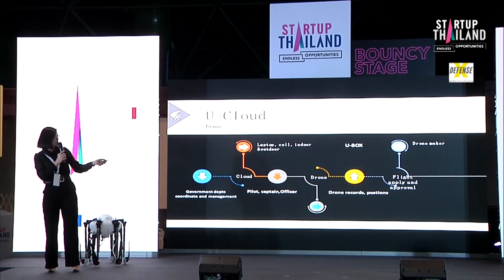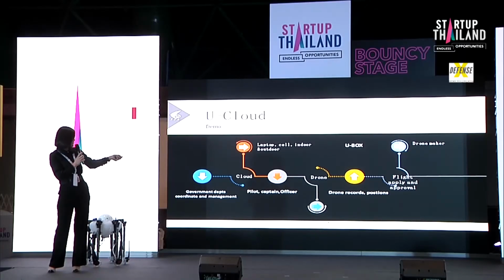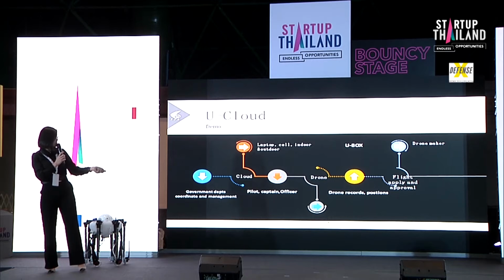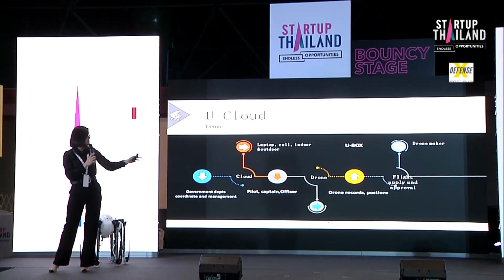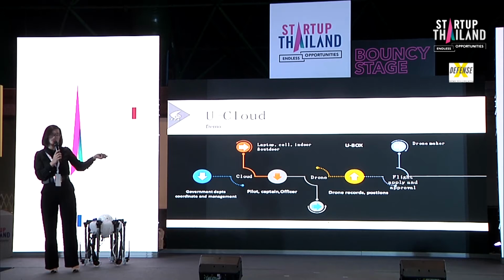In this system, the government can control or monitor from a laptop, a mobile, or indoor and outdoor devices, as long as you have internet. As long as you log in to the U-Cloud system, your pilot, your captain, your officer, the drone pilot, and the drone maker who is flying will all be controlled in this system.